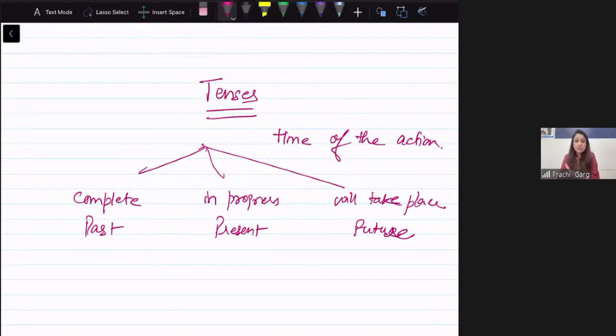I will teach direct and indirect speech in the next class, so that is future. Presently, I'm teaching you tenses. In the past, I have taught you about direct indirect object, and in future, I will be teaching you about direct indirect speech. Am I clear?